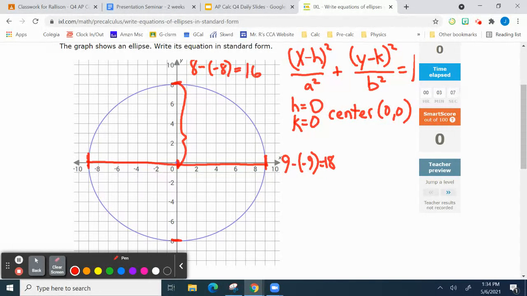All right, so now we know that this is, what's that called? That's called the minor axis, right? Because that's shorter. That's 16. And this is the major axis, because it's longer. It's 18.